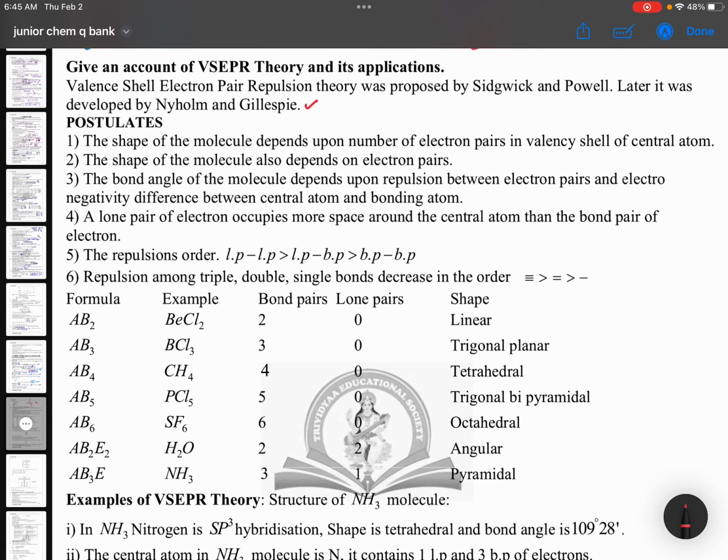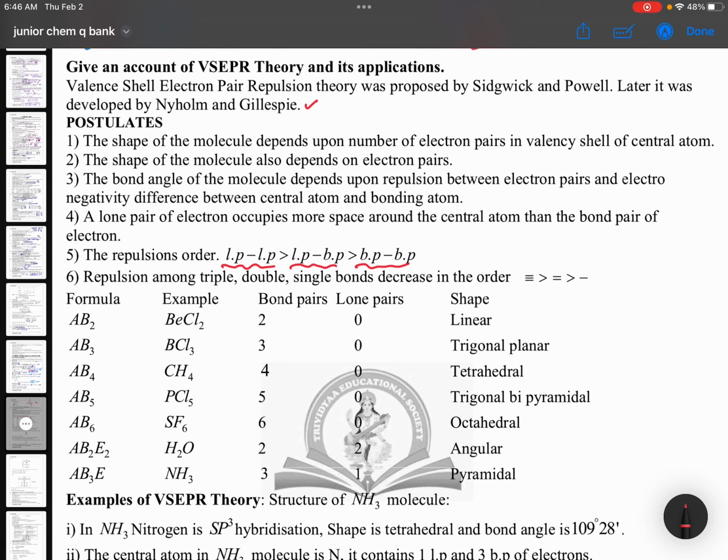The bond angle of the molecule depends upon repulsion between the electron pairs and electronegativity difference between the central atom and bonding atom. A lone pair of electrons occupies more space around the central atom than the bond pair of electrons. The repulsion order is lone pair-lone pair repulsions are greater than lone pair-bond pair, than bond pair-bond pair.